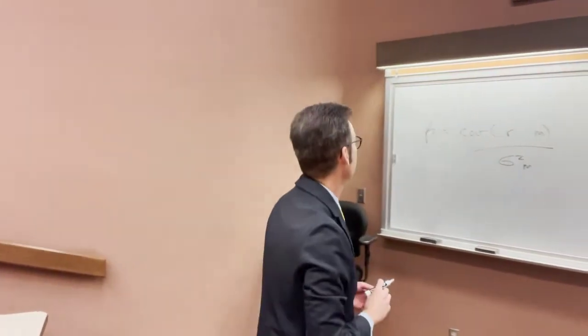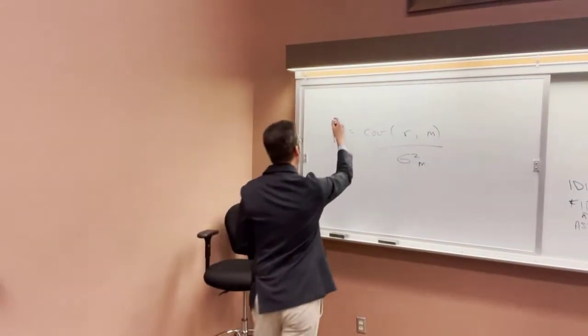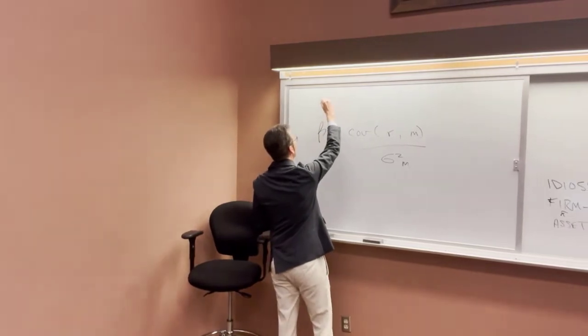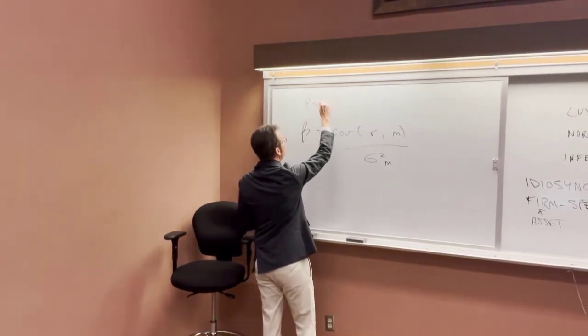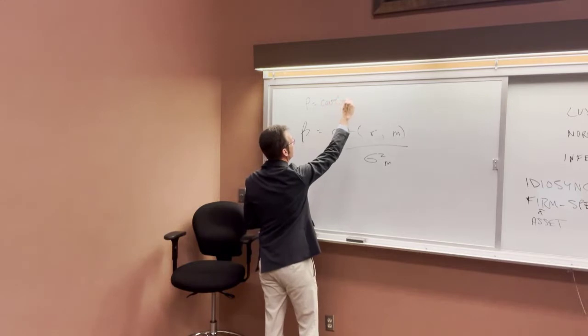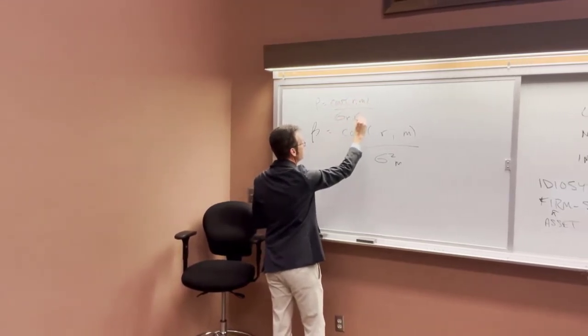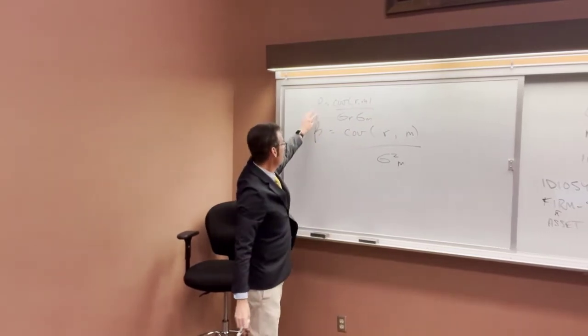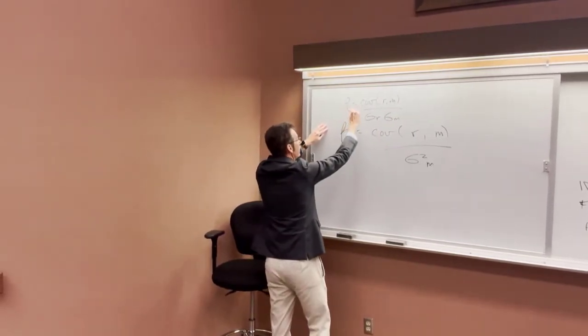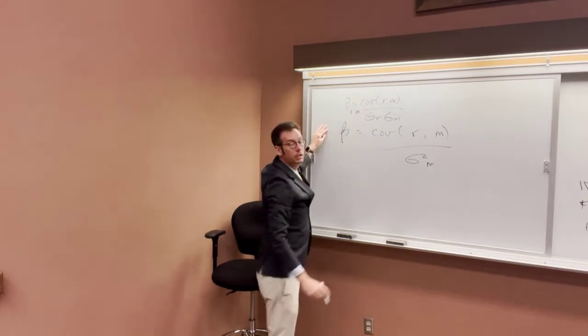Now, if you remember that we had correlation is equal to covariance divided by the standard deviation of returns on the stock times the standard deviation of returns on the market. So this is how we can do correlation. What if you're given correlation in a problem?